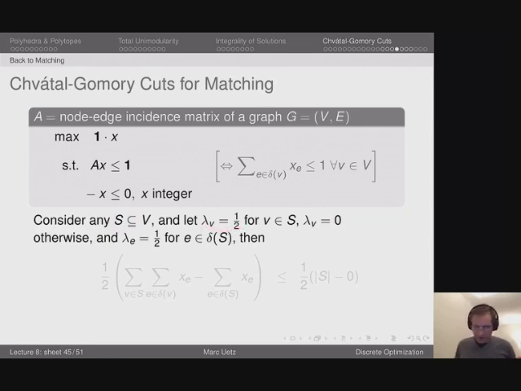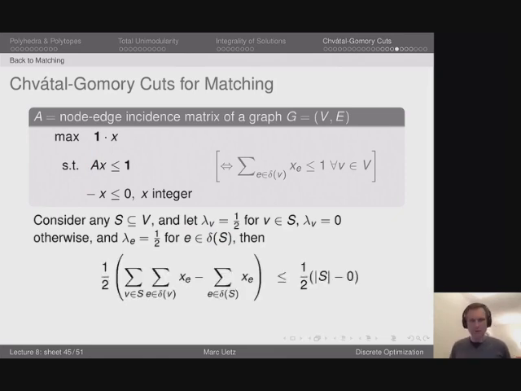And then I also take 1/2 of the non-negativity constraints for all the edges that are in the cut induced by S. So that is going to be a linear combination of some of the original constraints in the description of the problem.